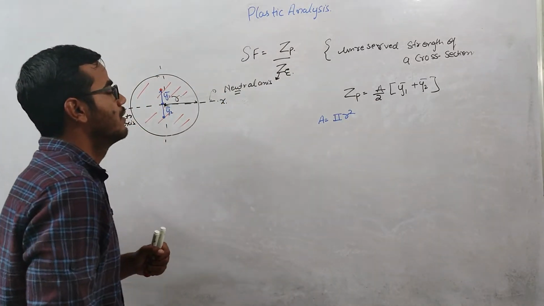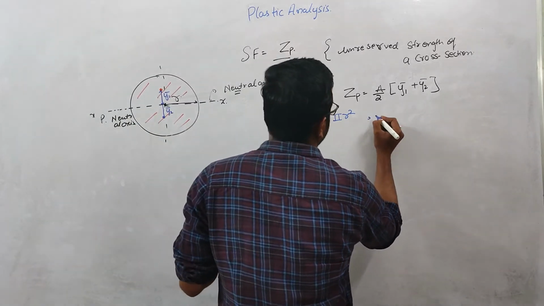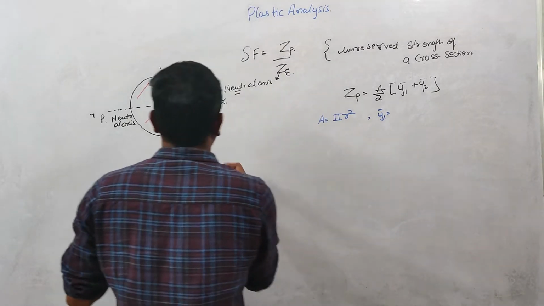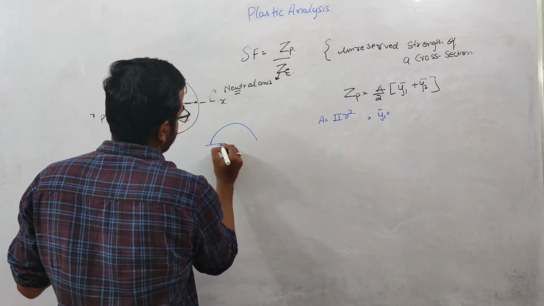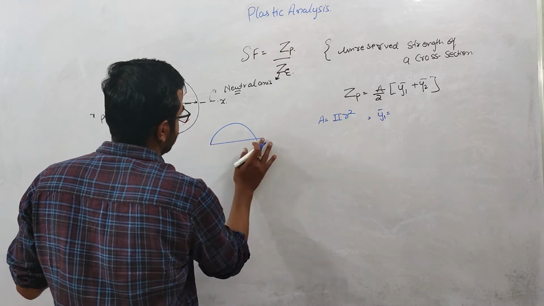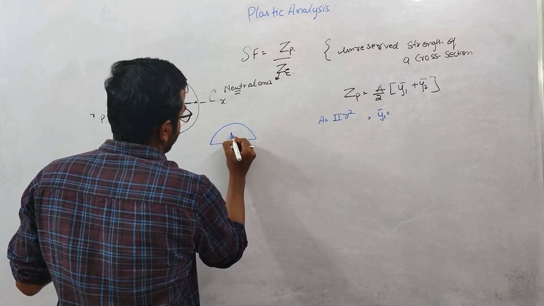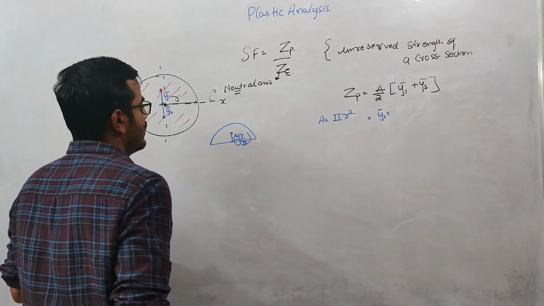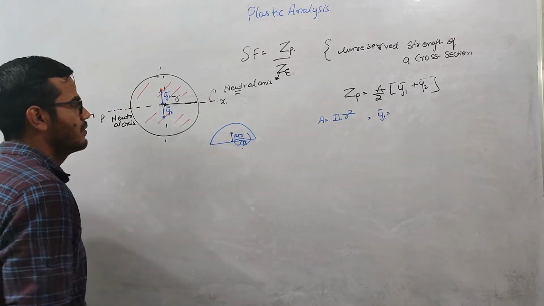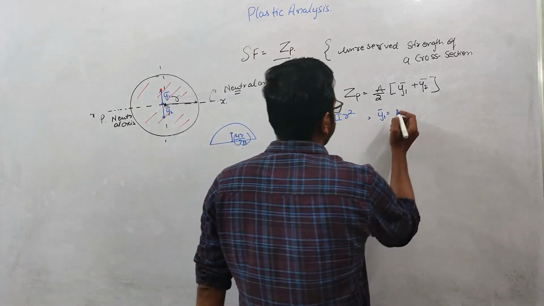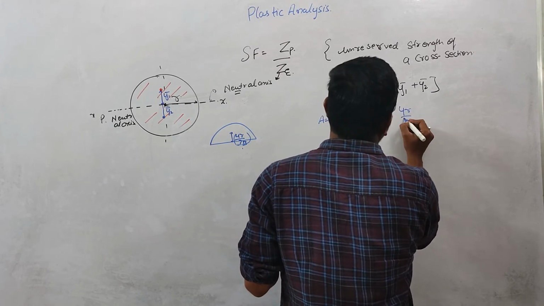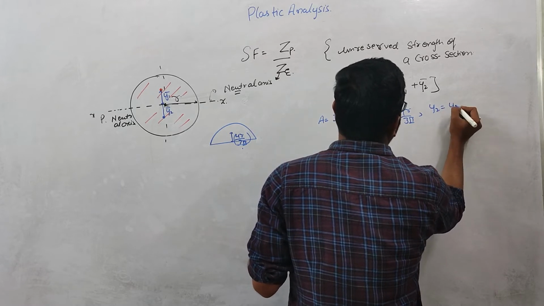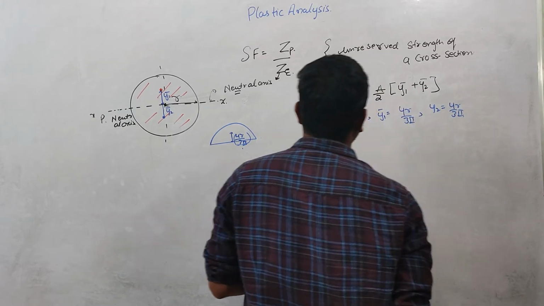For y1 bar, for this type of cross section, the centroid acts at a distance of 4r over 3 pi. You can see this formula in strength of materials books. And since this is a symmetrical cross section, y2 bar will also be 4r over 3 pi.